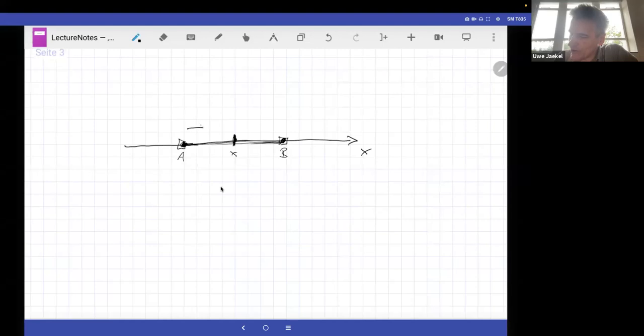There will also be a flow J of x,t, which, sorry, it should be located here in the other position.